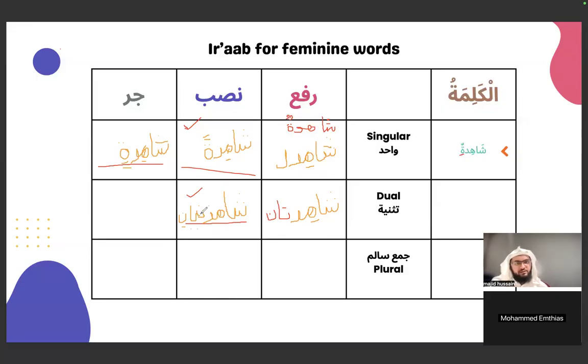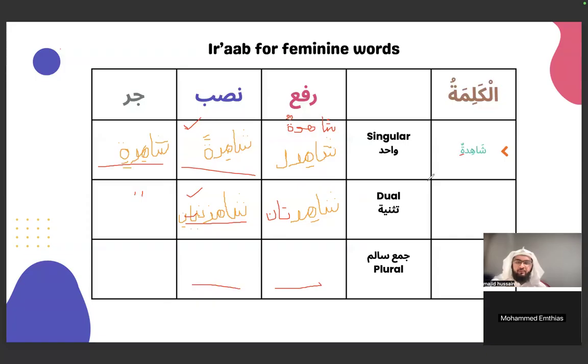Even in tayni, which means jar, ta, ya, and nun are all connected here. And it's the same in the jar state. Now, the main one, plural.